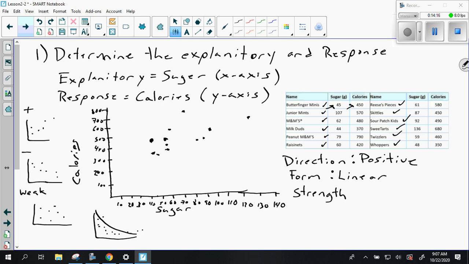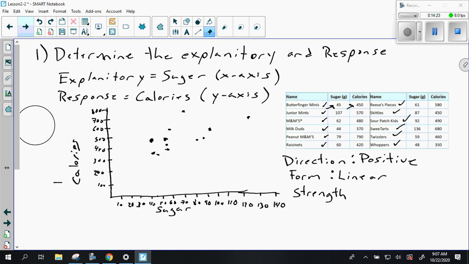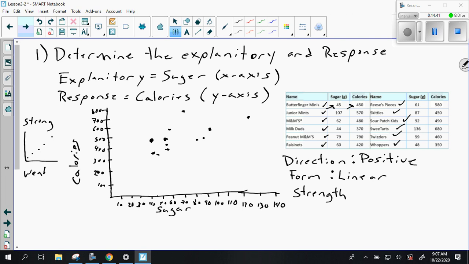So if we have a very strong association, it's going to look like that. And I had showed you that a weak association is going to be kind of just all over the place. You couldn't draw a line connecting the points as best you could.